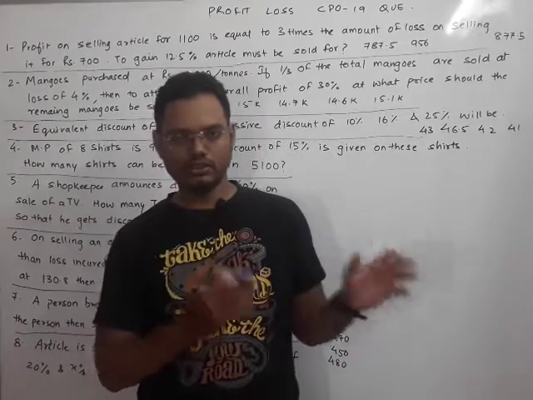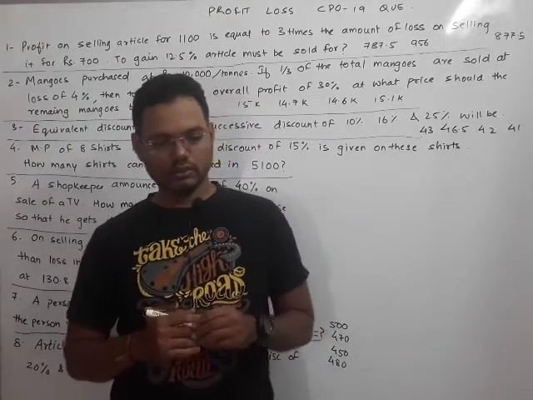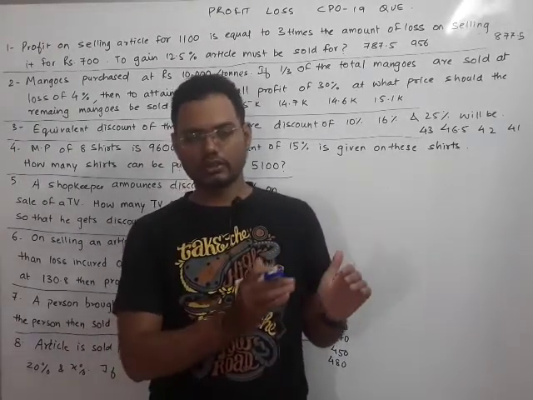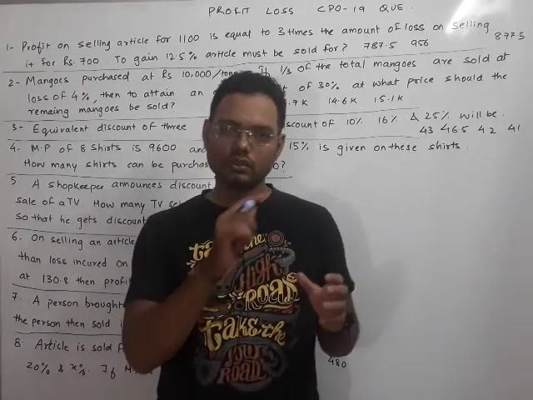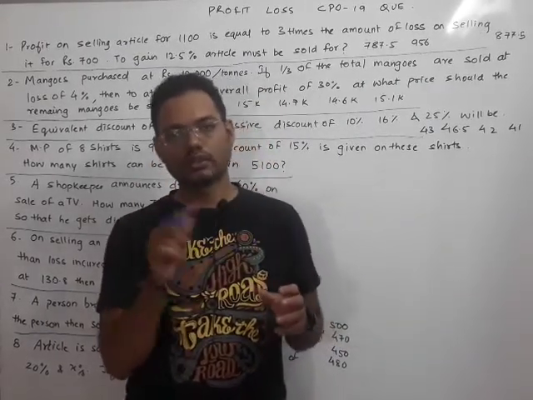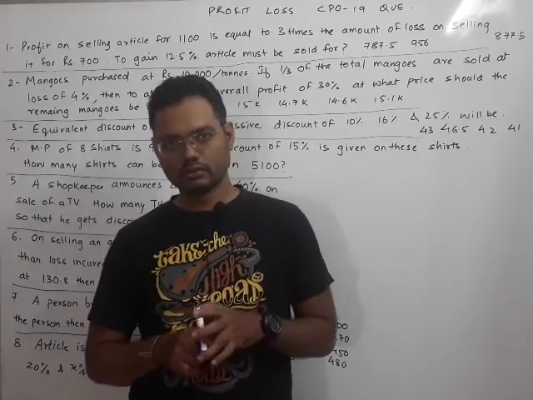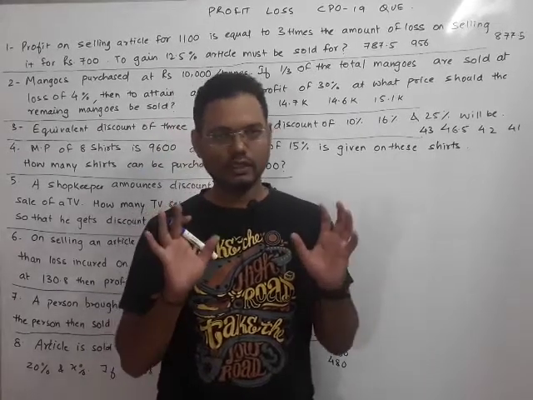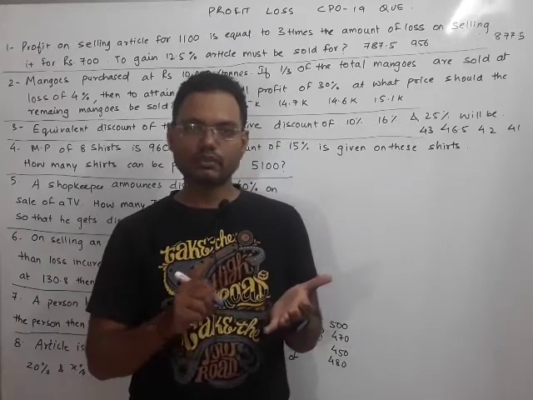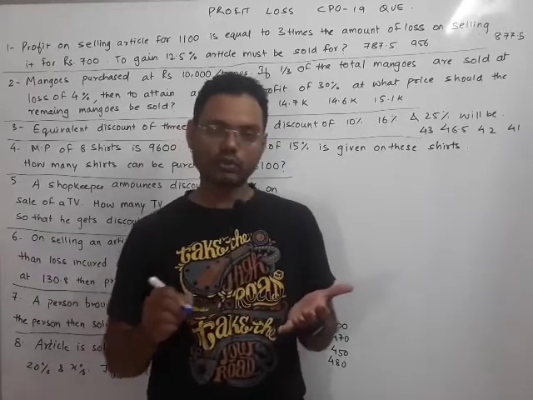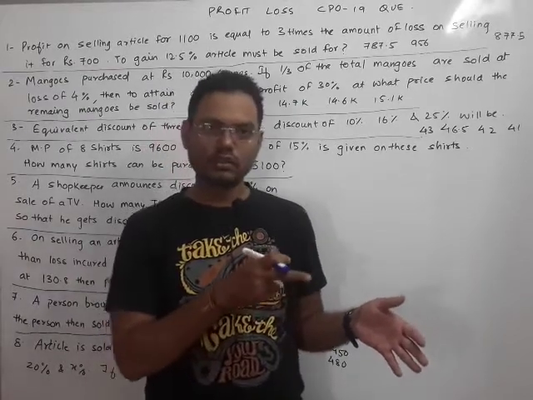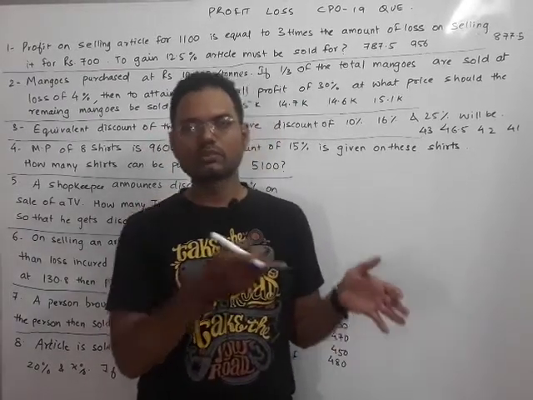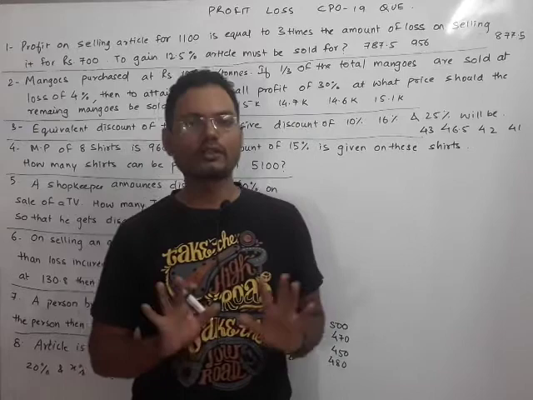I see a bag with a price tag of 1000 rupees, and there is a discount rate of 20% given. I don't use pen and paper to calculate the discount. I know that 1000 rupees is the tag and they are offering 20% discount, meaning 200 rupees is less. I am getting it at 800 rupees.